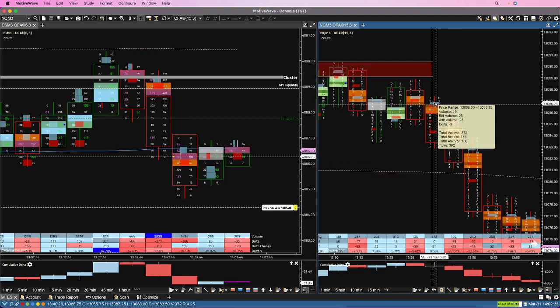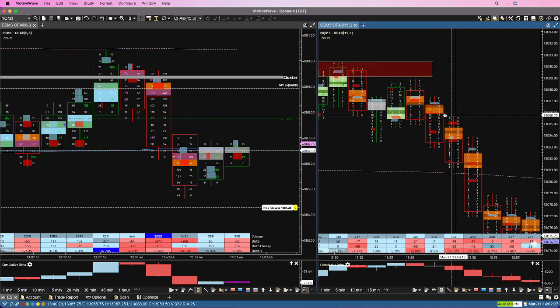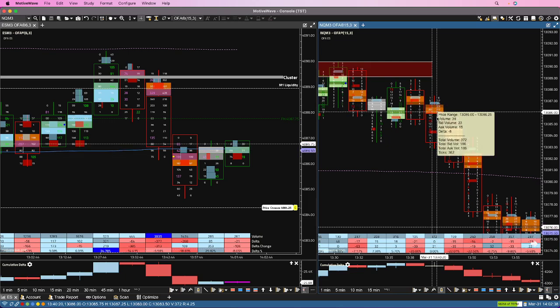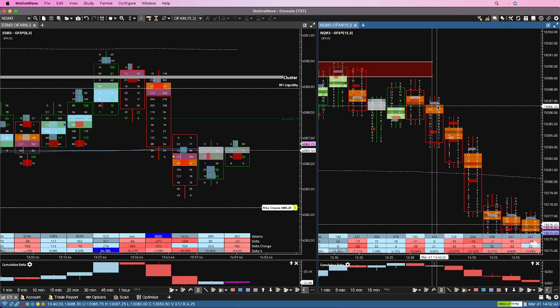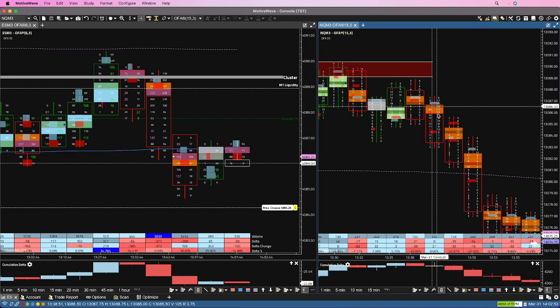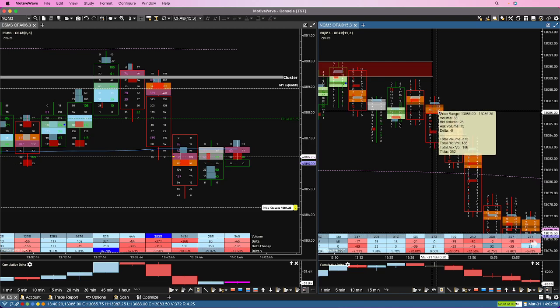Below the trapped buyers, we have the first strong POC and the strongest bearish cluster of this candle. So all the power, all the strength is here basically. The highest amount of contracts is here and is bearish because we have a red cluster.